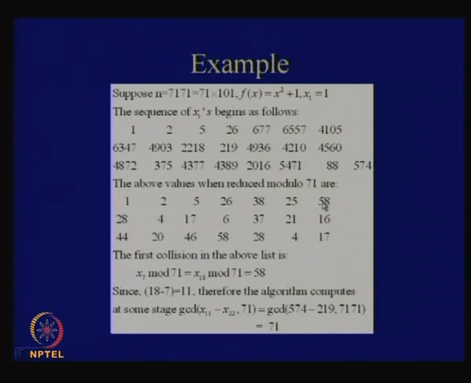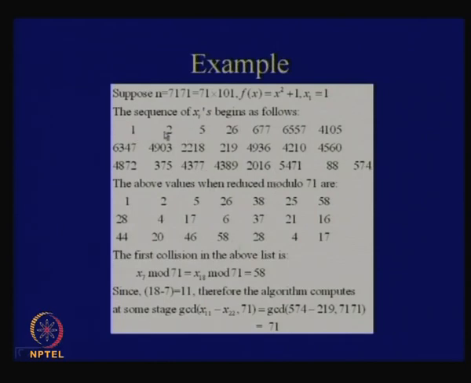So, therefore, in this particular list from this point to this point, the next one will be x11. Okay. So, if I apply the Pollard-Rho algorithm, I may not be able to find this particular collision, but I will compute x11 at some point of time, right, and the other element will be x22. So, what is x22? x22 is actually equal to 574, and x11 is actually equal to 219.